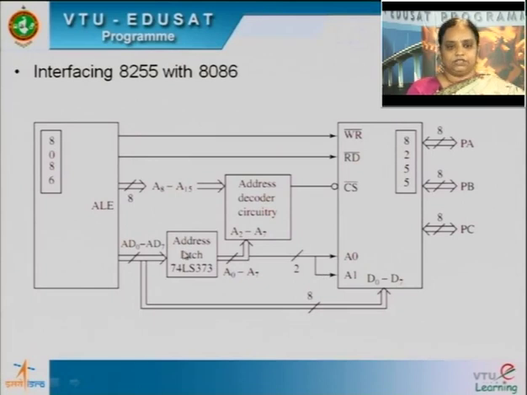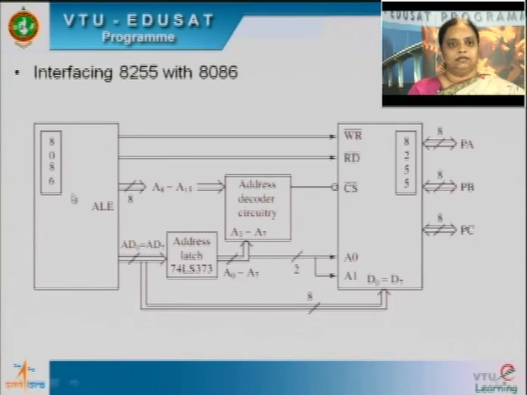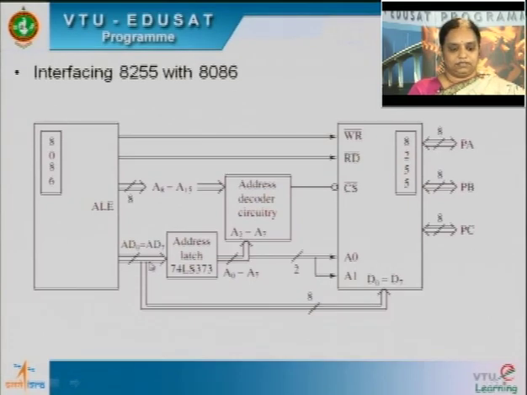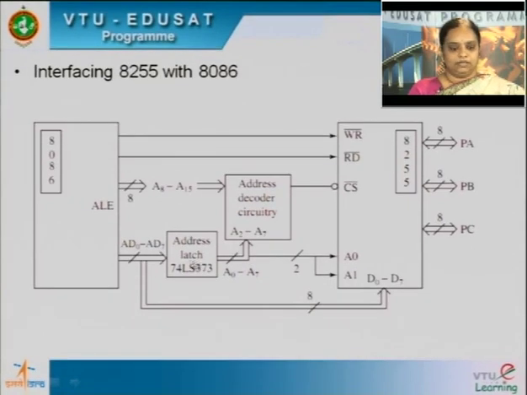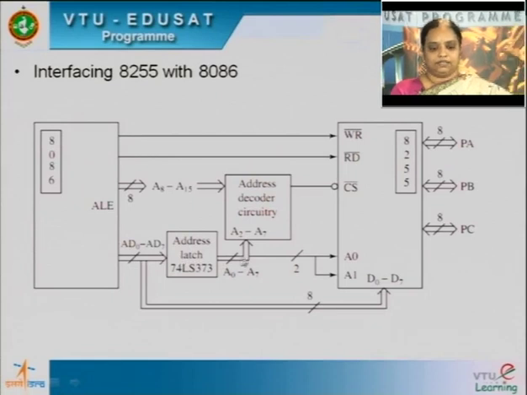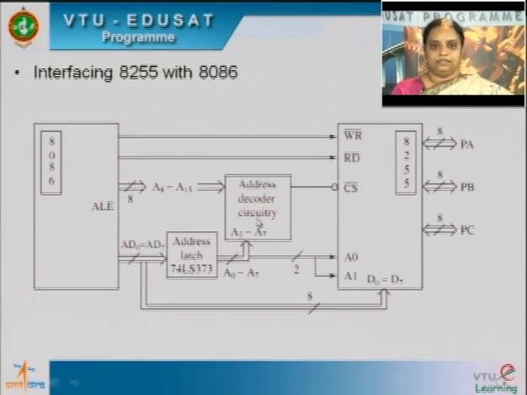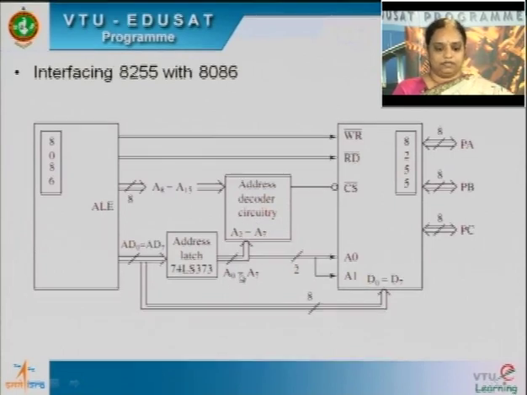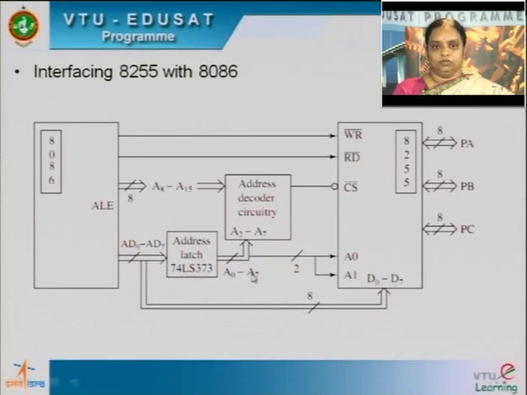And we have a latch here. This latch is enabled by ALE, the address latch enable. When this pin from 8086 goes high, whatever address is there on the multiplexed address data bus is latched into it, and that latched data will be decoded by this decoding circuitry. In the latched data, we are not taking all A0 to A7.